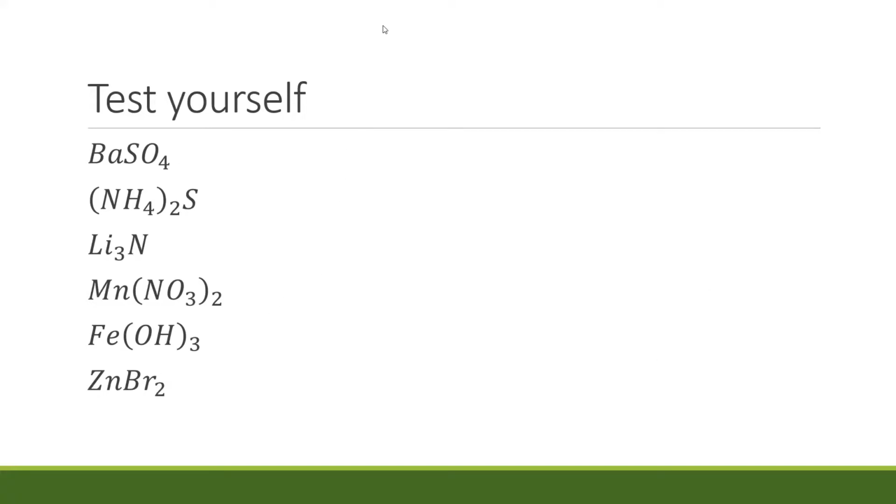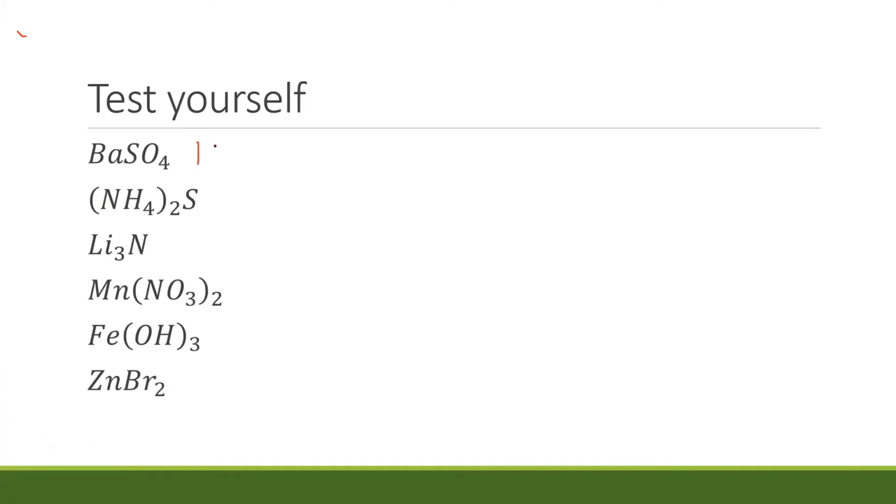Okay, guesses, ladies and gents. First one, soluble or insoluble? Insoluble. Why do you think it's insoluble? Because Ba is bonded with sulfate, I think.